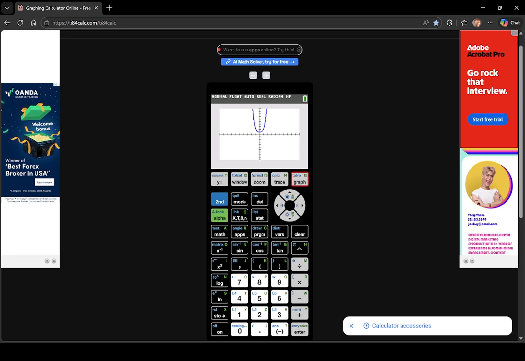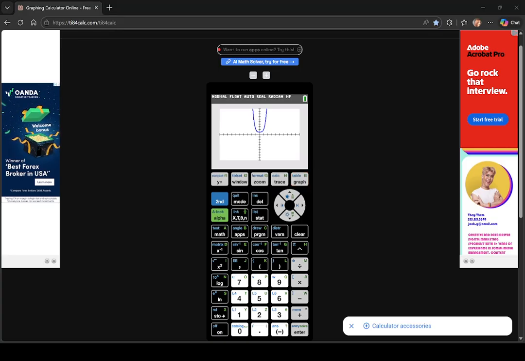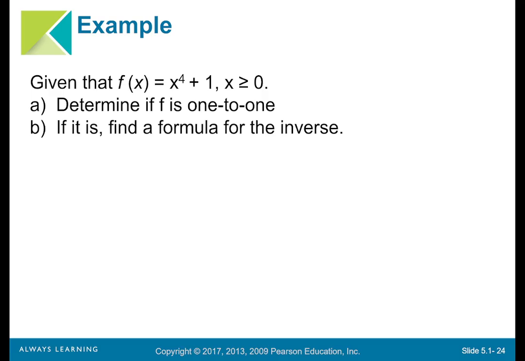So what I want you to do is basically ignore the left-hand side of the graph and just look at the right-hand side. And you see how it's just increasing very rapidly on the right-hand side. So if we just consider the right-hand side of this graph, again, cutting it down the middle and throwing out the left-hand side, we do have something that is 1 to 1. So the answer to that first part here is yes, it is 1 to 1.